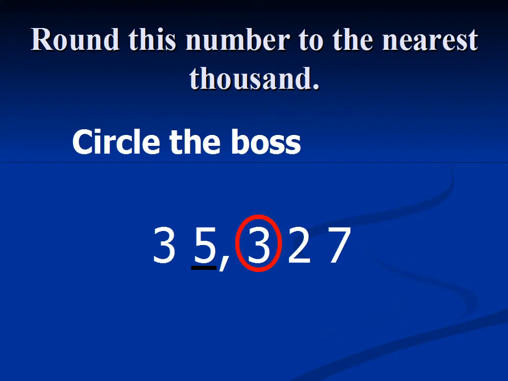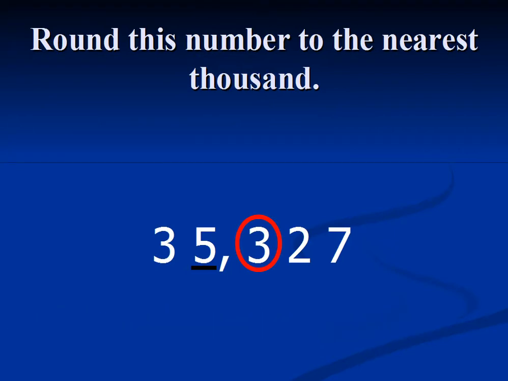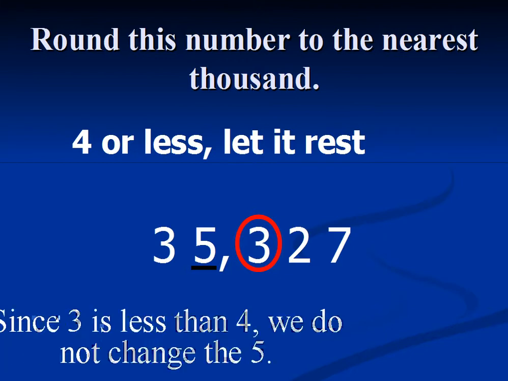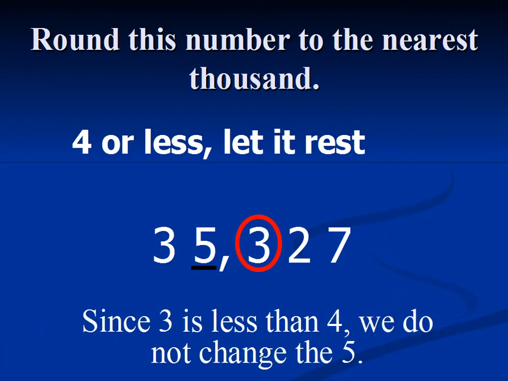That would be the 3 in this case. Next, we determine, is the boss 4 or less, in which case we let it rest. And since 3 is less than 4, we do not change the 5. Now, this may be confusing. Are you looking at the number that's in the place value, or are you looking at the boss? You need to remember that you are looking at the boss, the number that you circled.